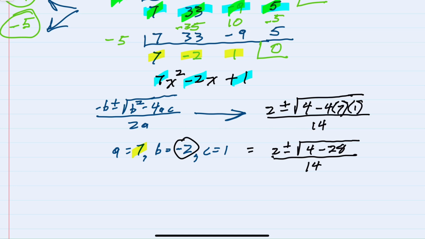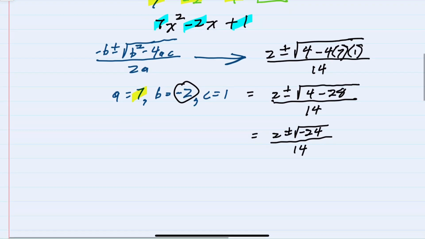And from here, we can continue to simplify. Under the radical, we now have 4 minus 28, or a negative 24. That negative underneath the radical is going to give us our complex root. But from here, we can simplify a bit more.